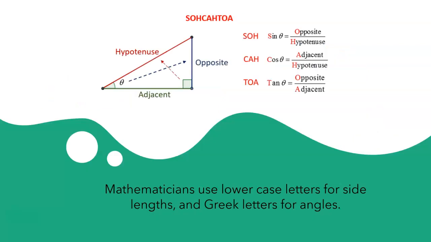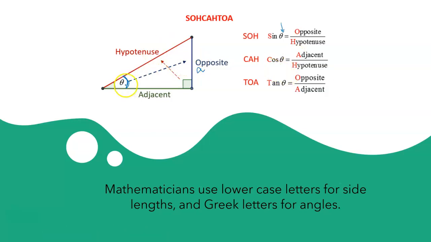Just a notation thing, I want you to be aware that we use Greek letters like theta when we're talking about angles, and usually we use a lowercase letter if we're talking about side lengths. The soh-cah-toa that you learned in Algebra 2 is a useful way to remember that if I want to find the sine of this angle, I go to the opposite side over the hypotenuse.